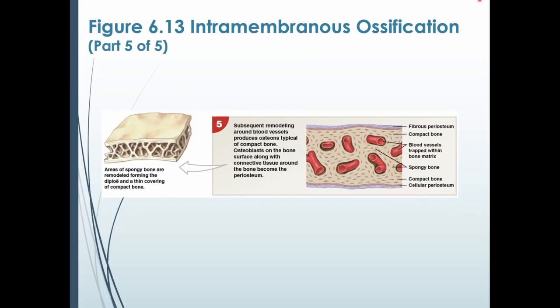Then the last piece of intramembranous ossification: you're going to continue to have subsequent remodeling. As those bones grow, you're going to continue to have more remodeling. And then the osteoblasts on the bone surface are going to form that connective tissue and become the periosteum.